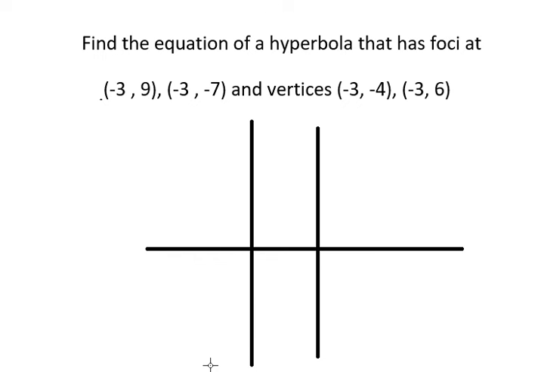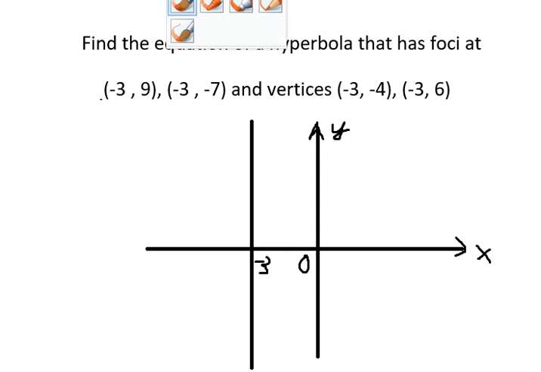That means these points are on x equal to negative 3. So for the foci, we have negative 3 and 9 we put in here. And this one we put in here.